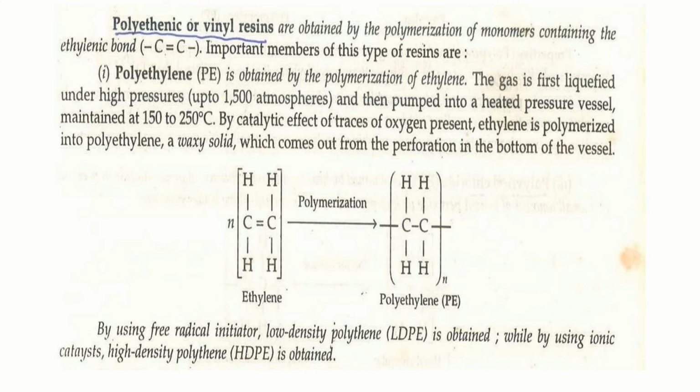One is low density polyethylene. By using a free radical initiator or catalyst, such as hydrogen peroxide or benzoyl peroxide, we synthesize low density polyethylene. By using an ionic catalyst, we prepare high density polyethylene.